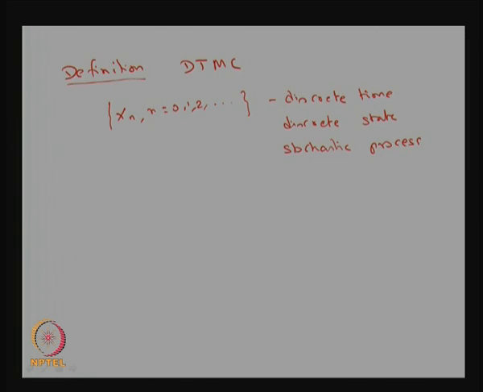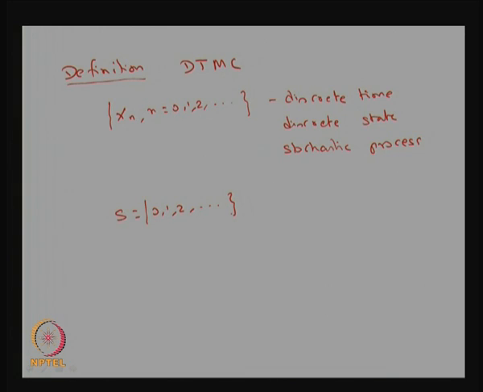Assume that Xn takes a finite or countable number of possible values. Unless otherwise mentioned, this set of possible values will be denoted by the set of non-negative integers, S equal to 0, 1, 2 and so on.